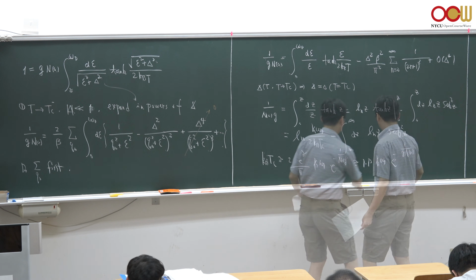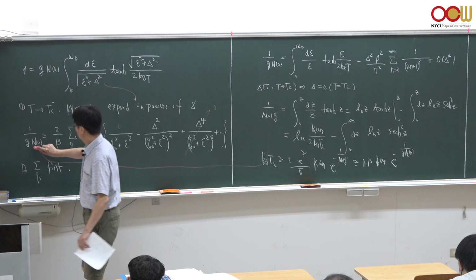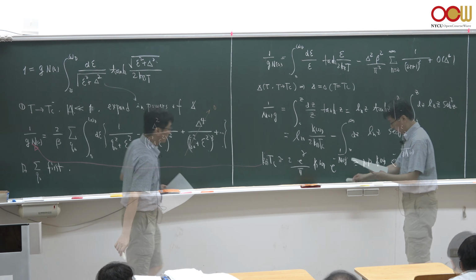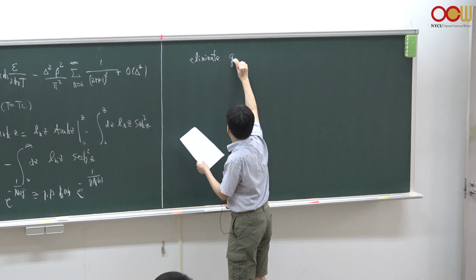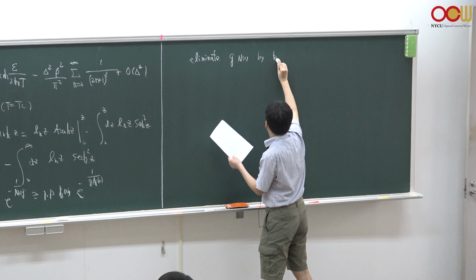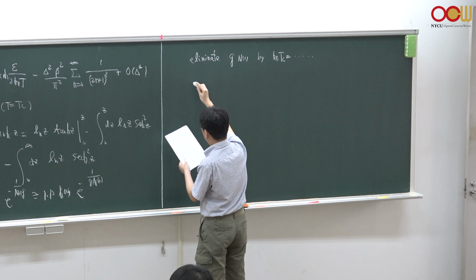We can plug this information back here and rewrite the BCS gap equation in the following form. So we could eliminate G times N0 by this kBTc formula.